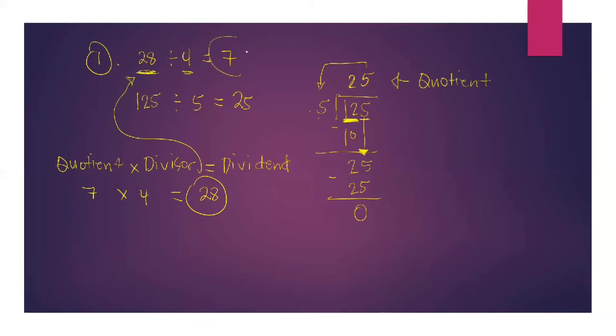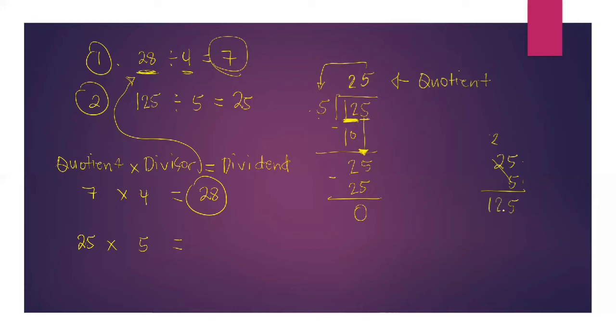Next naman natin, this second number. Yung quotient natin is 25. Then, multiply sa divisor, which is yung 5 natin. And then, 25 times 5. Pag sinolve natin, 5 times 5 is 25, carry 2. And then, 5 times 2 is 10 plus 2 is 12. 125.